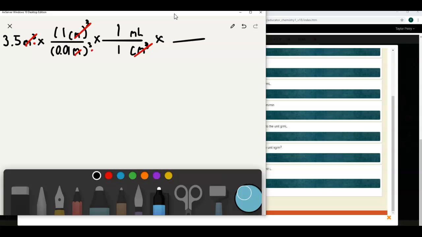Well, again, I have milliliters right here, so I want to convert that into liters. I'm going to set it up like this. Whatever you're trying to cancel out goes on the opposite side. So milliliters is at the top, milliliters goes at the bottom. And I'm trying to convert this into liters.